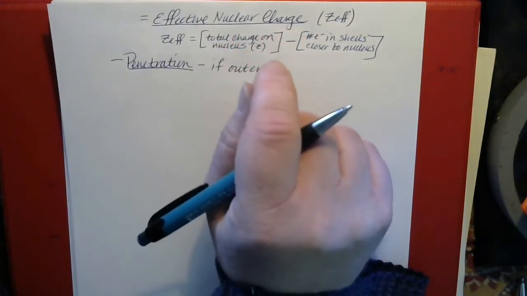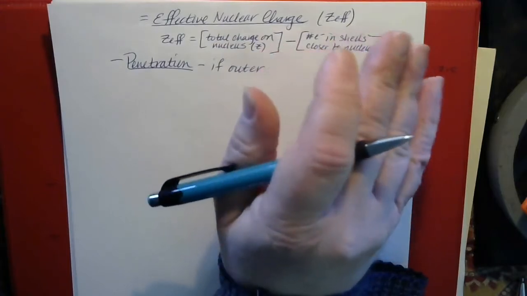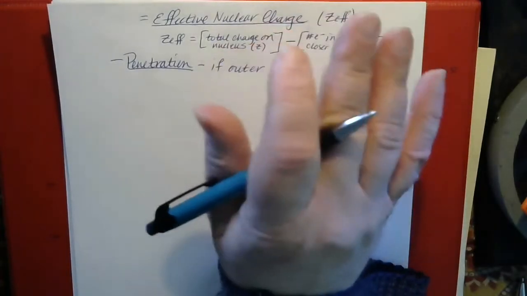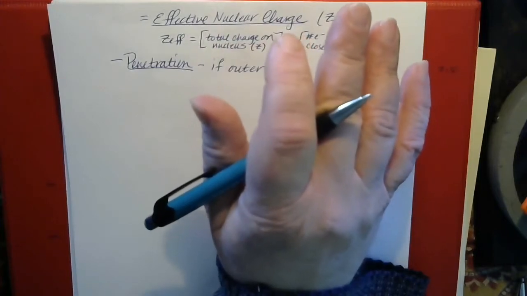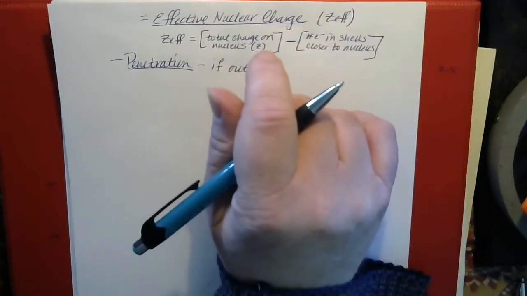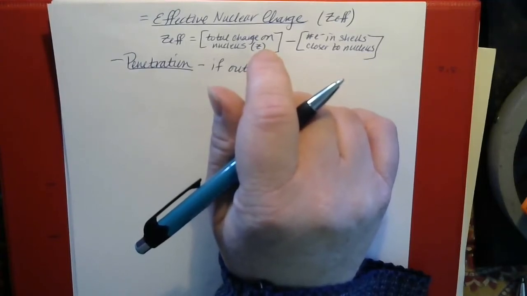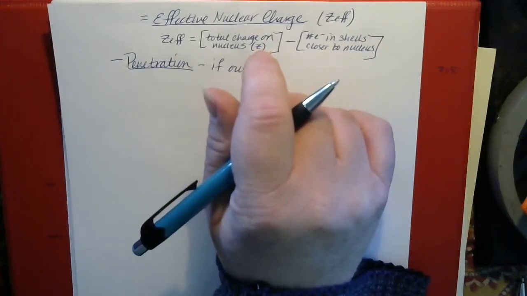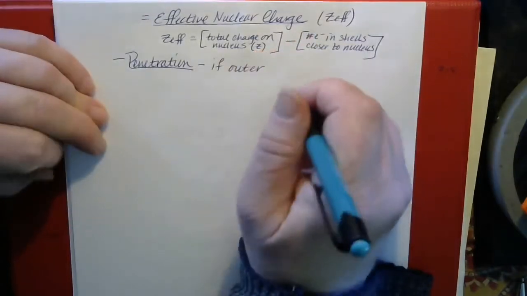And that distance from the nucleus sometimes is closer not only than the area of greater probability of finding an electron for that type of orbital, but sometimes it's actually closer to the nucleus than types of orbitals that are nominally lower in energy than that type of orbital. And so that's what we're talking about with penetration.